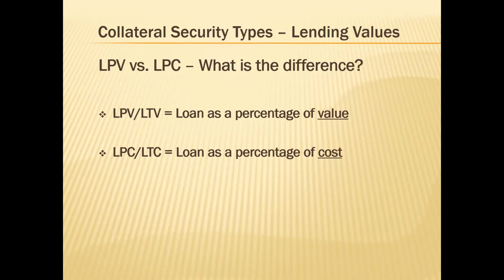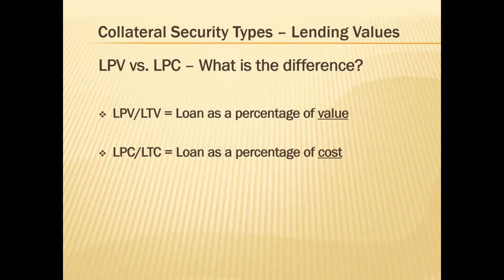The V tells you what it is, value. And the C in LPC, the loan as a percentage of the cost or loan to cost ratio, is again the loan as a percentage of the cost. So LPV, V for value, and LPC or LTC, C for cost. Pretty straightforward.